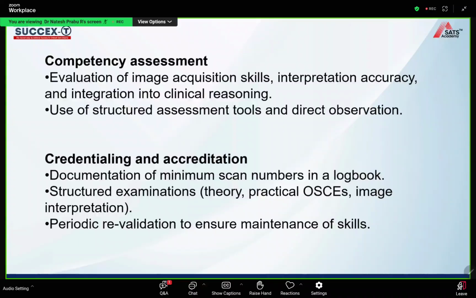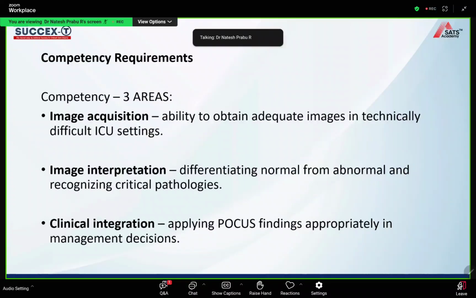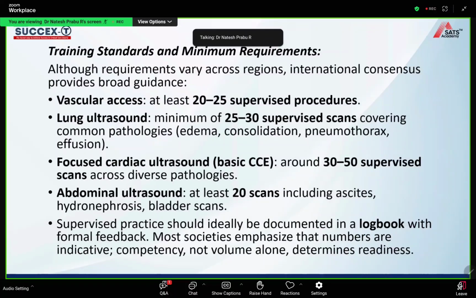So these are the steps included in credentialing and accreditation. Competency requirements: you have to get competency in three areas, image acquisition, image interpretation, and clinical integration. These are the key areas where you have to get competent.